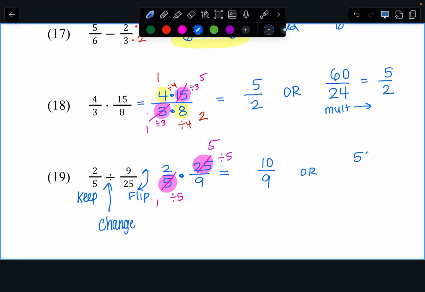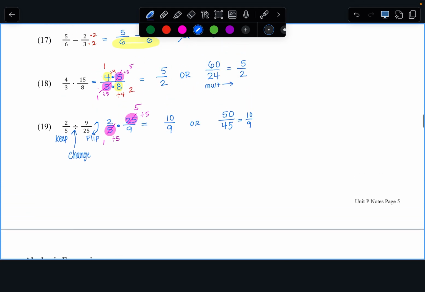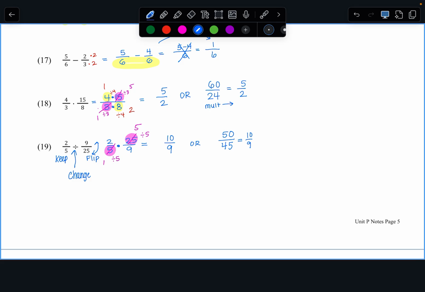Or this would be 50 over, whoop, that should be 45, not 40. I promise I can do math. Which equals 10 over 9. Still okay? Kind of, sort of, maybe? You're good.